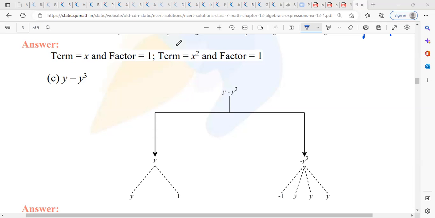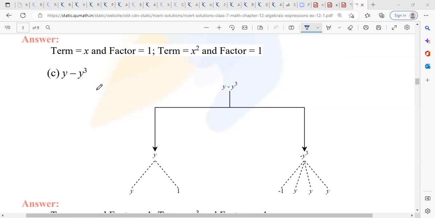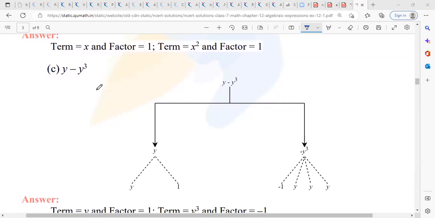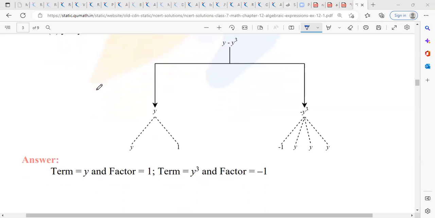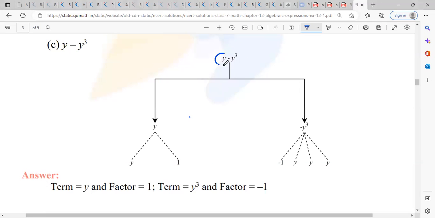Ma'am, our term is y and our factor is 3. Okay, wait. See, don't get confused. Over here you have two terms. One is your y and one is your y cube.